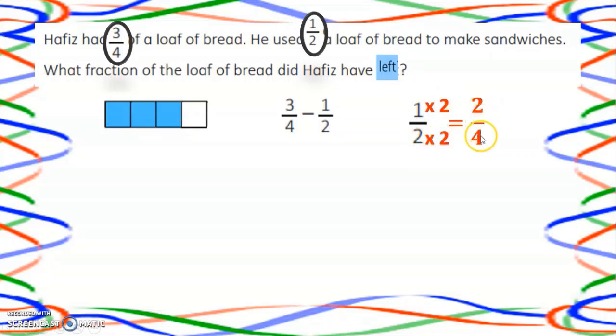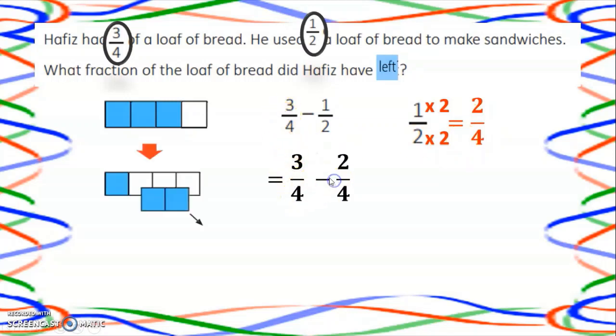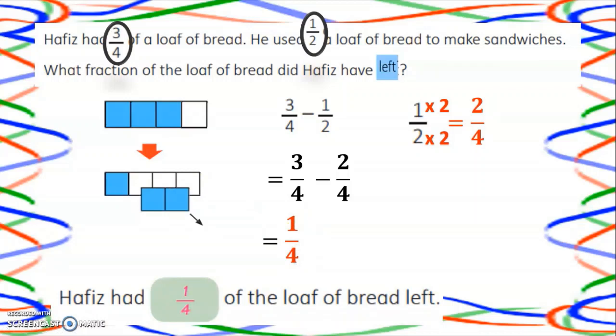So we have 2/4. So it means 3/4 minus 2/4, we're going to take out 2 blocks. The fraction of the remaining figure here is 1 out of 4. It means 1/4. He had 1/4 of the loaf of bread left.